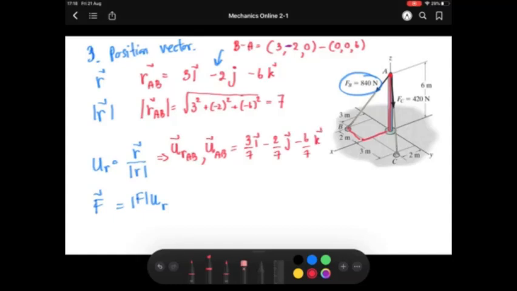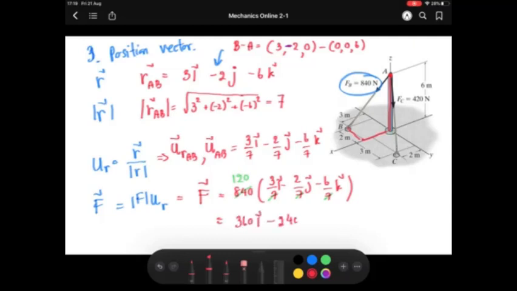And the last step, you put the magnitude of F here. You can find the vector F will be equal to 840 multiplied with all of this. So you can cancel this out, and this is 120. So the final result is 360 i minus 240 j and minus 720 k.